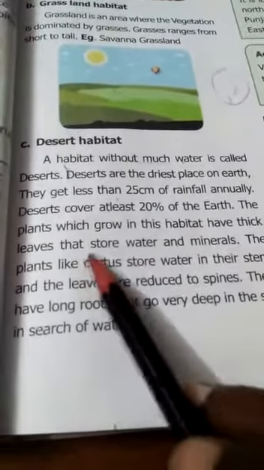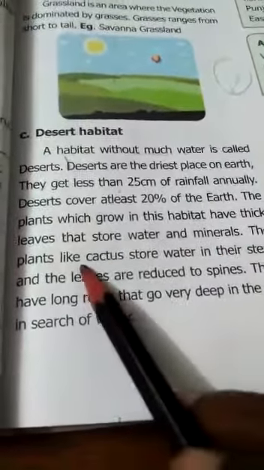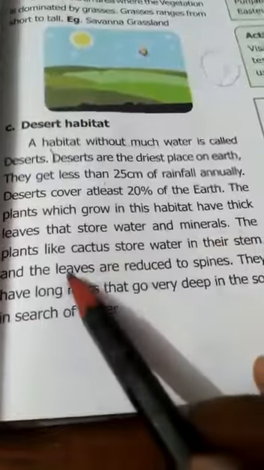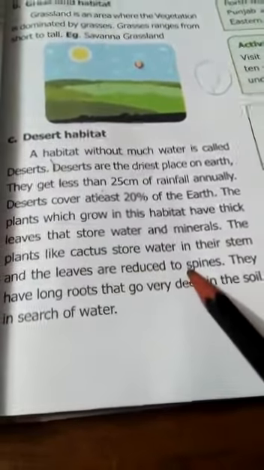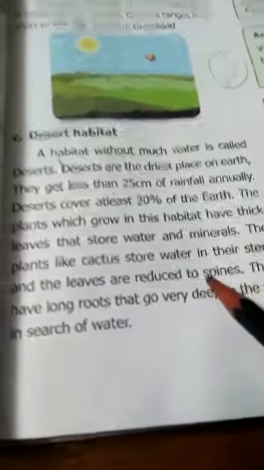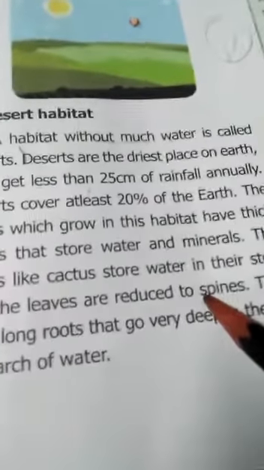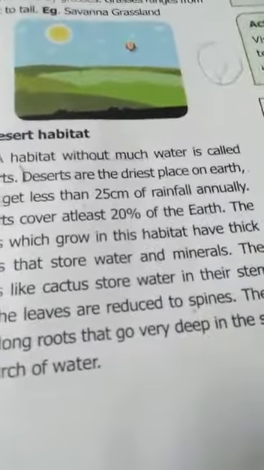Cactus stores water in its stem, and the leaves are reduced to spines.